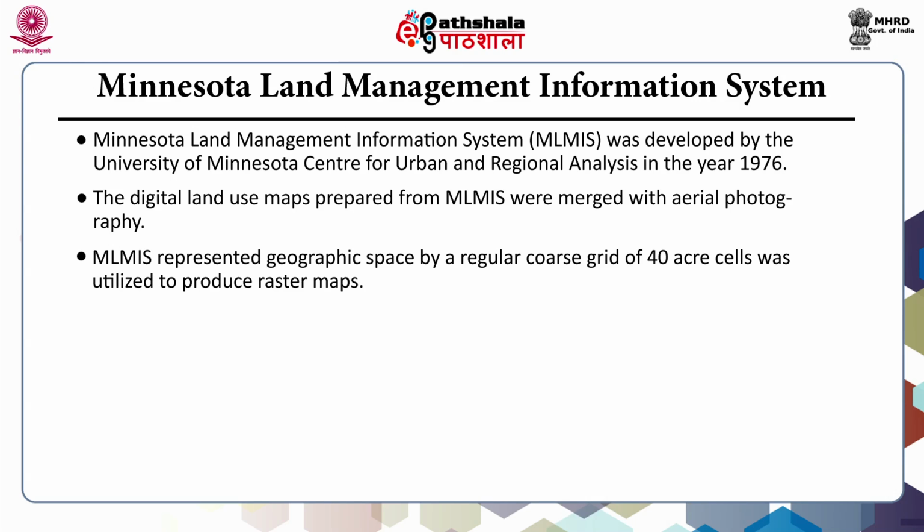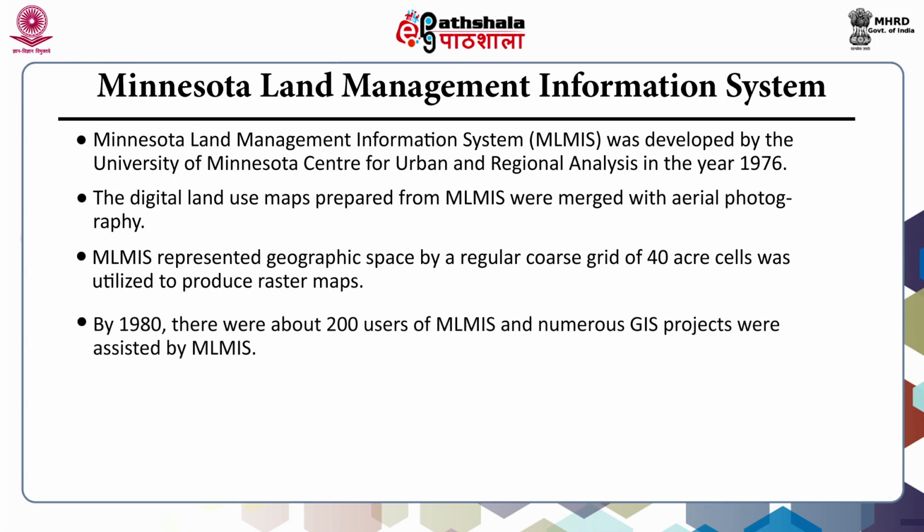MLMIS represented geographic space by a regular coarse grid of 40-acre cells that was utilized to produce the raster maps. By 1980, there were about 200 users of MLMIS and numerous GIS projects were assisted by MLMIS.